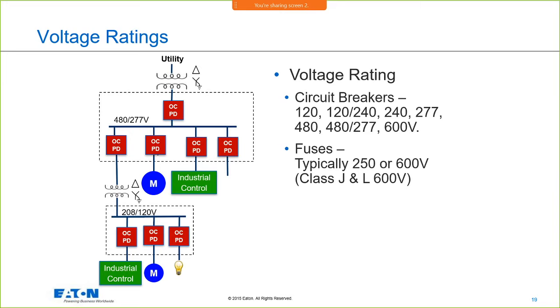You can't exceed the higher number line to line, and the line to neutral can't exceed the lower number. So in a corner grounded delta system, you could exceed the voltage ratings of some of these interrupting devices, some of these overcurrent devices or equipment. Not just an overcurrent device. It could be an industrial control panel. All right.